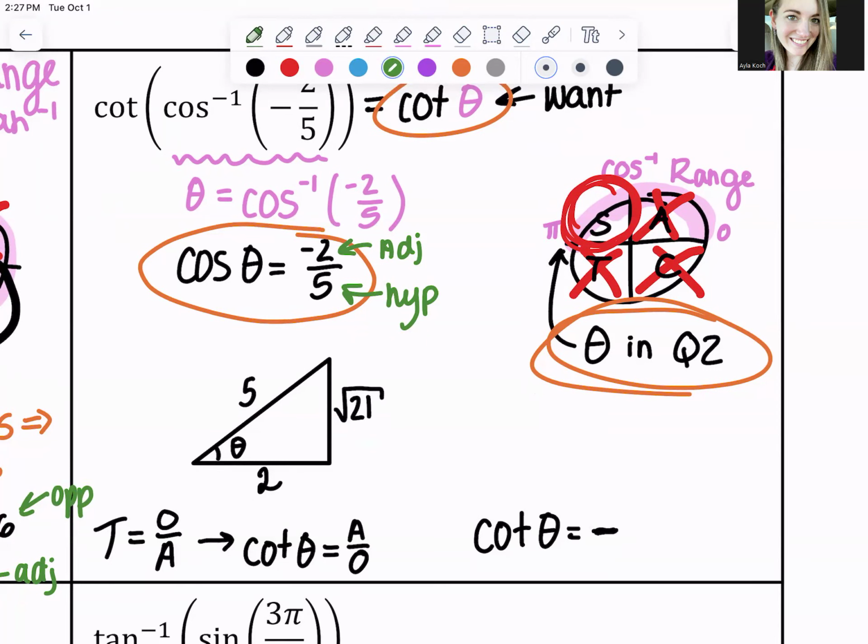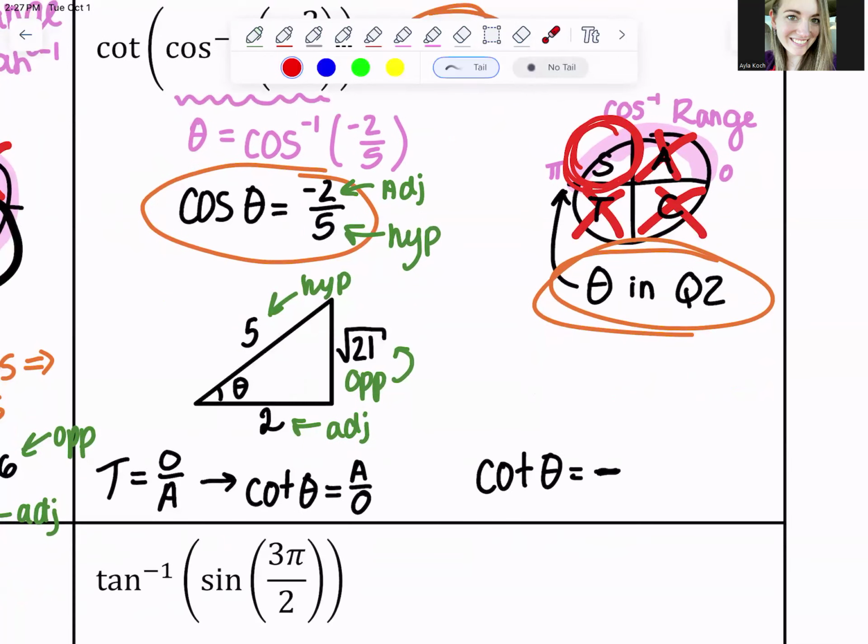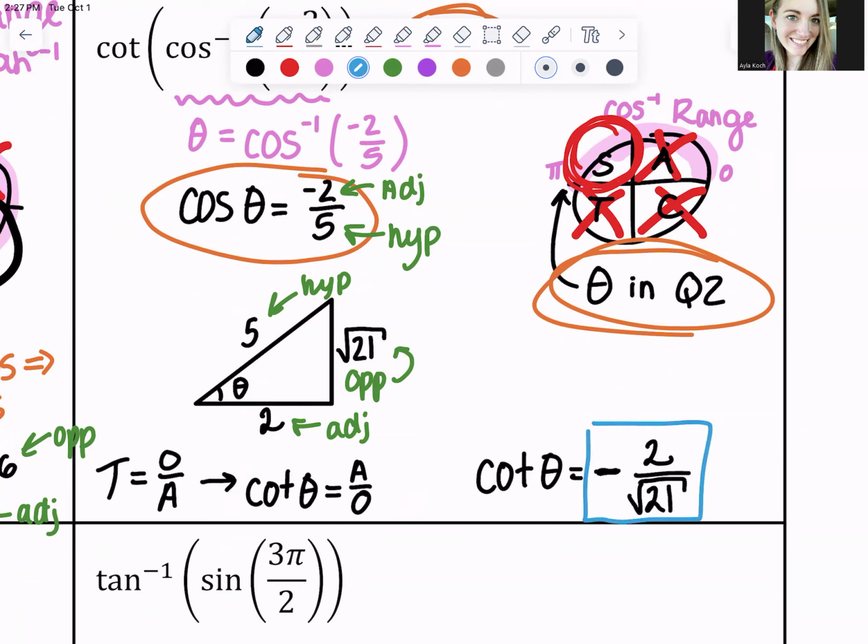Oh, goodness me. Opposite, adjacent, hypotenuse. Cotangent of theta is adjacent over opposite. So that's 2 over square root 21. And there's a negative already there for us. And that's our answer.